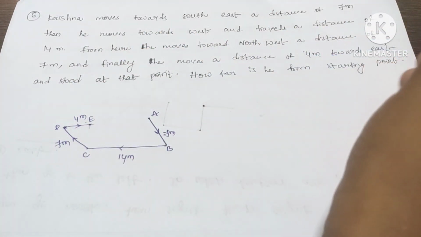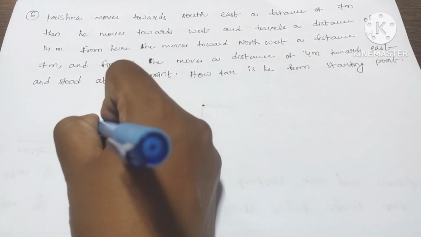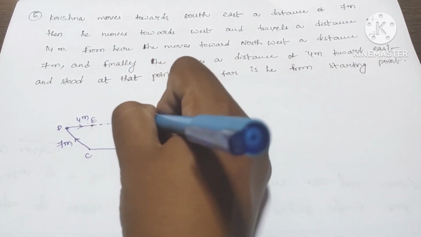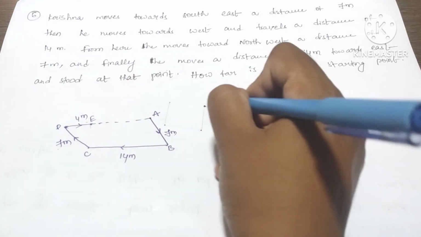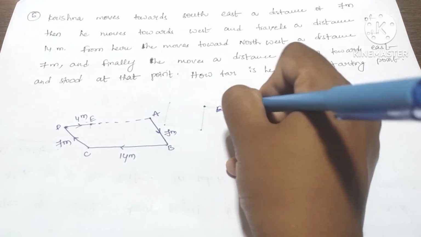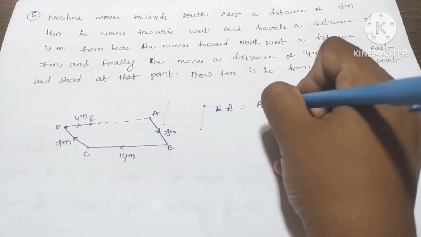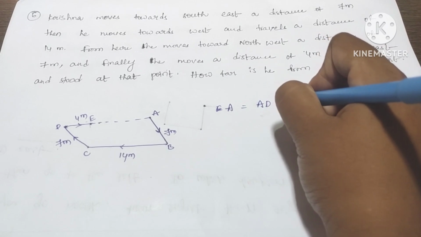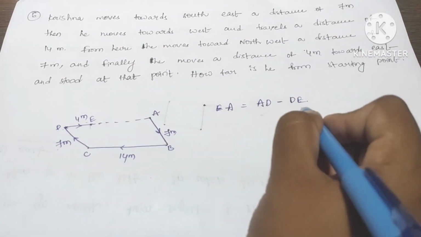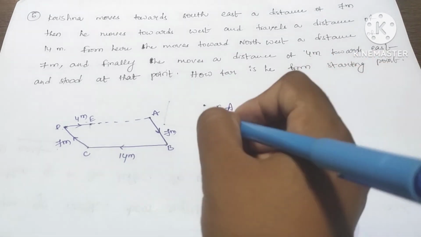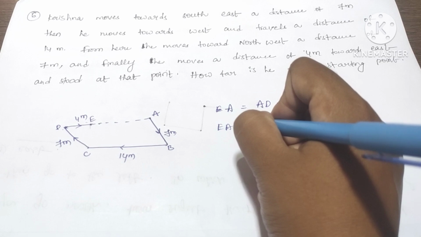How far is he from the starting point? This is the starting point and this is the final point. Now we have to calculate this distance, EA. EA is equal to AD minus DE.